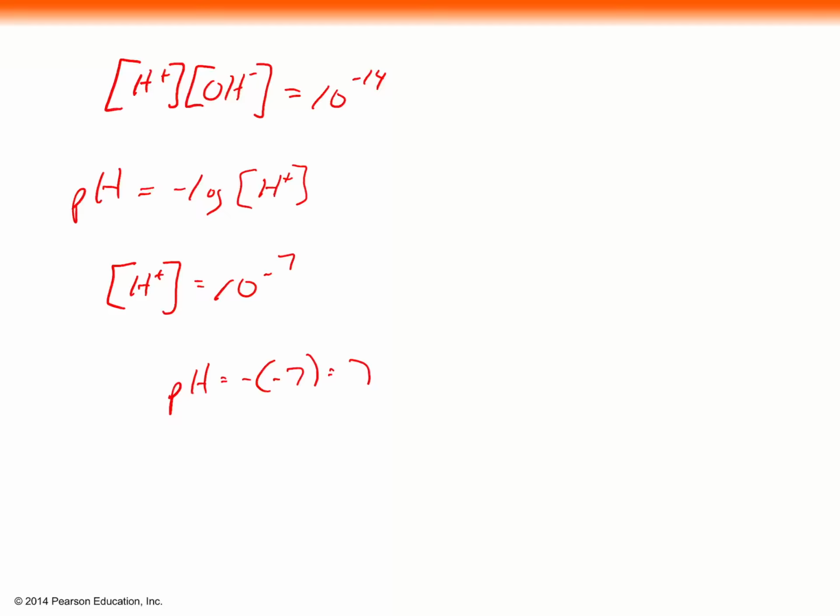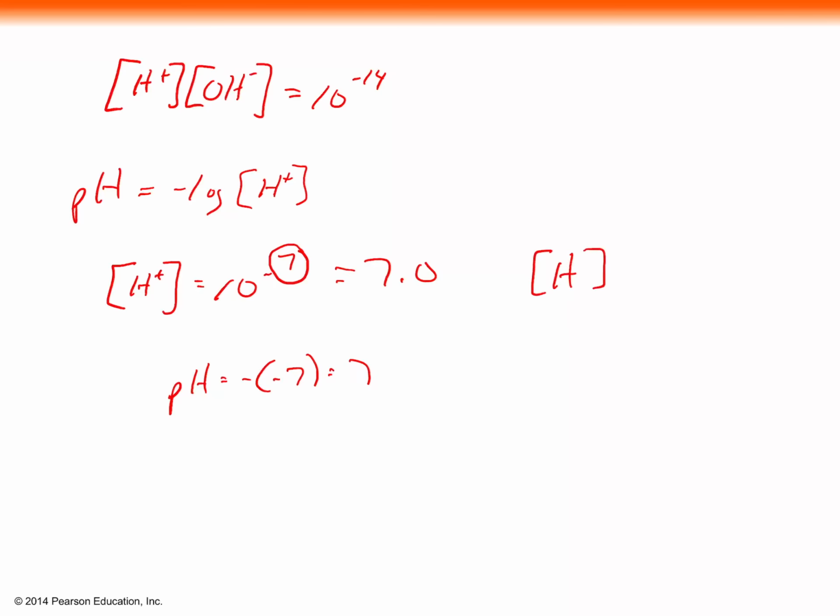In other words, if you're trying to find the pH number and I give you a concentration, the pH number is the same as the exponent. It's the absolute value of the exponent. So if your proton concentration in a solution is 10 to the minus 7th, you could plug it in the calculator and take the negative logarithm of it, but it's going to spit out the number 7.0.